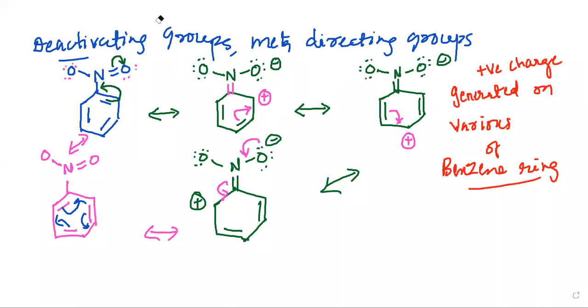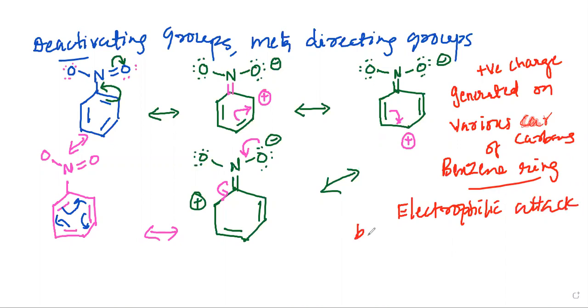So this positive charge is generated on the various carbons of the benzene ring. As this positive charge is generated on the various carbons of the benzene ring, the electrophilic attack becomes difficult.